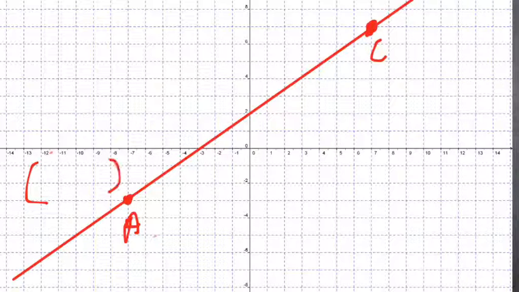Point A's ordered pair, what is it? -7 and -3. Okay. Now tell me the ordered pair for point C. 7 and 7.